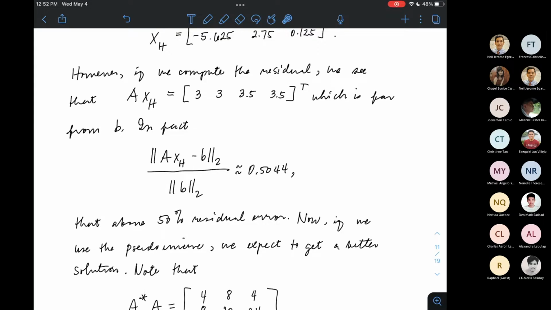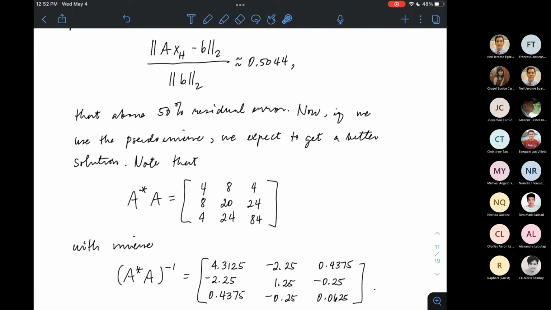So let's do that. Let's see how good we can get to the vector B, all right? So compute natin yung A plus or yung pseudo-inverse. Remember yung pseudo-inverse na compute natin using the inverse of A star A or the inverse of A star. Dito ang ginamit ko ay si A star A. Kinompute ko si A star A.